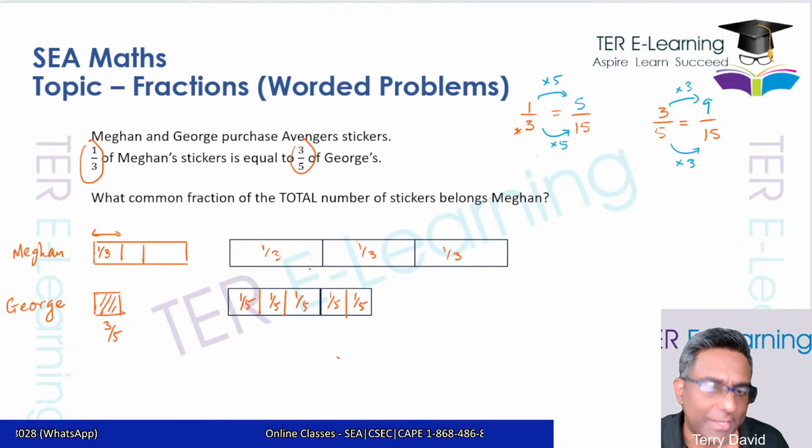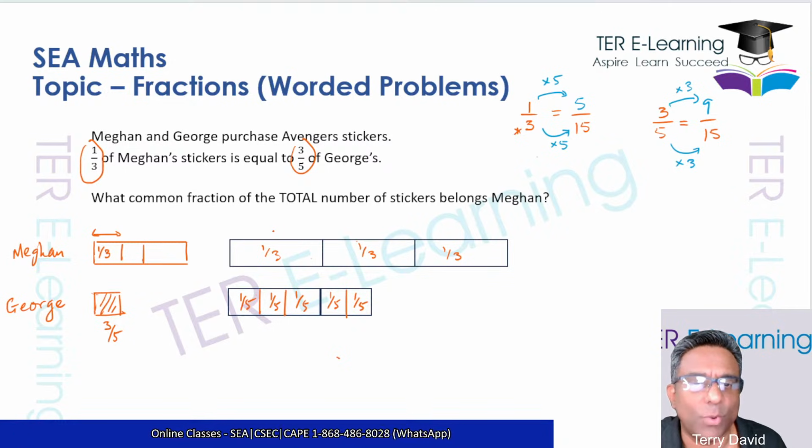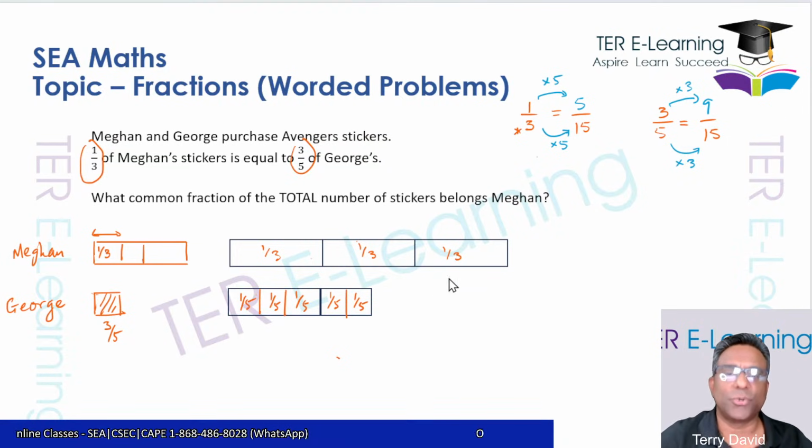So let's look at it from this perspective. 1/3 is equivalent to 3/5 of what George has. So let's break up Megan's share into fifths as well.